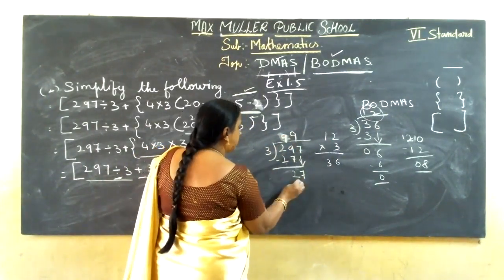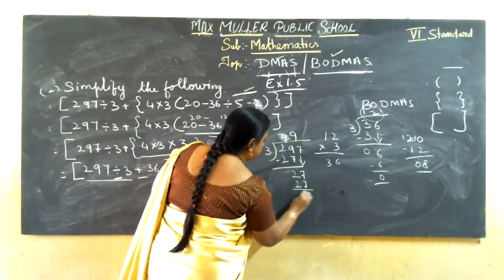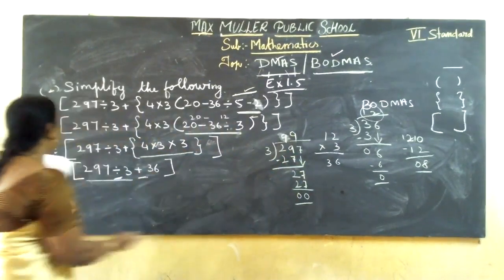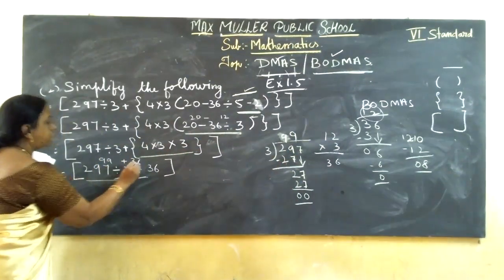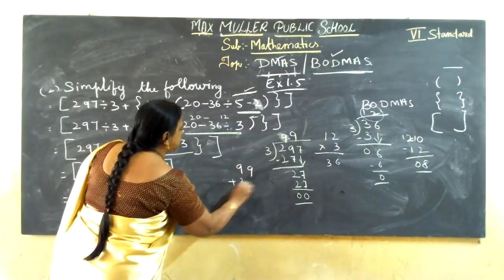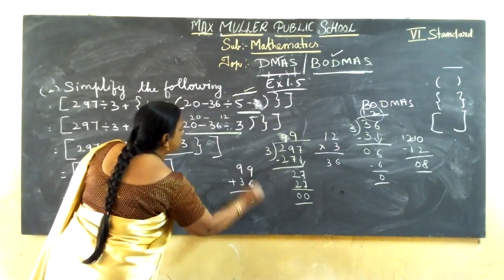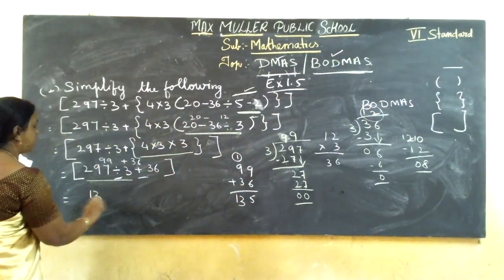If you subtract, you will get 2, bring down 7. 9 3s are 27, 0. So what is the answer? 99. Here 99 plus 36. 99 plus 36 gives 15, 1 carry, 10, 30. So 135 is the answer.